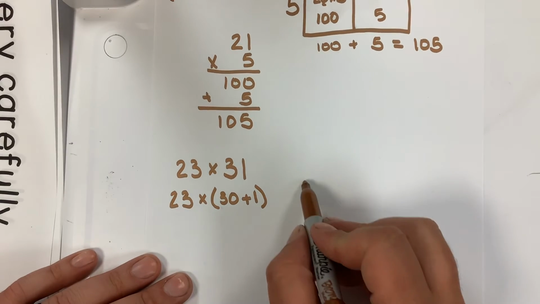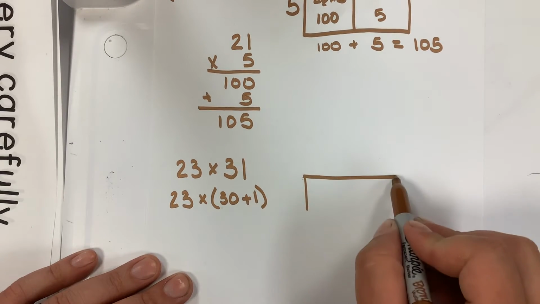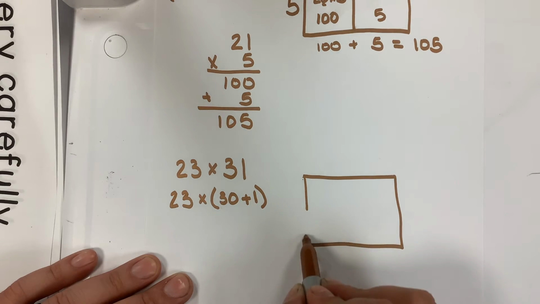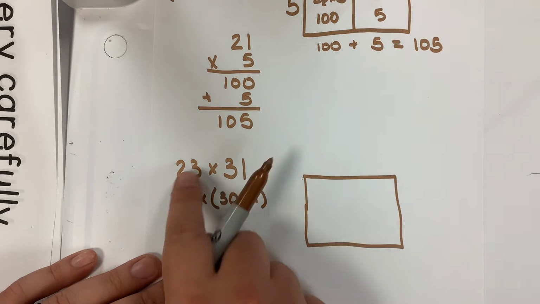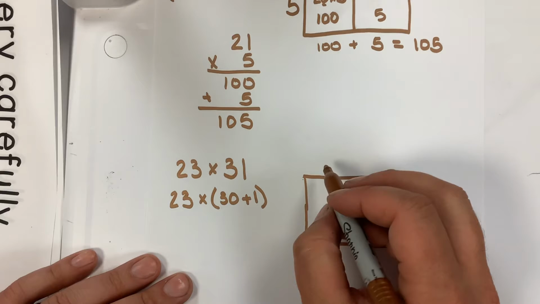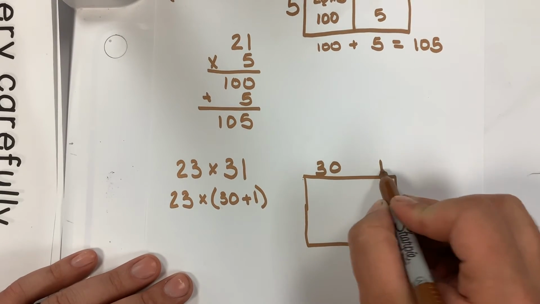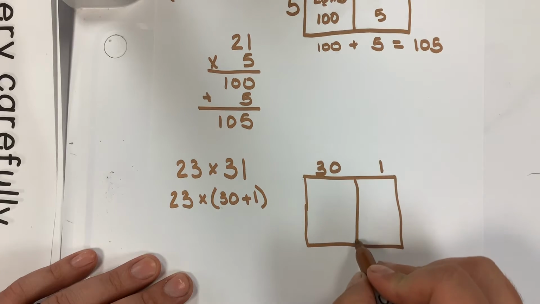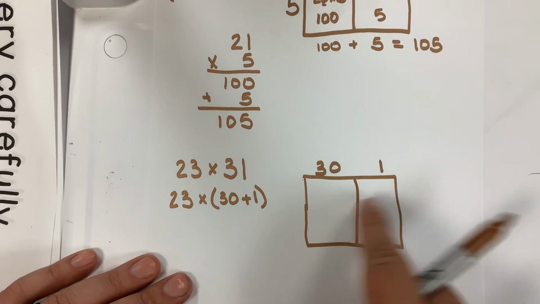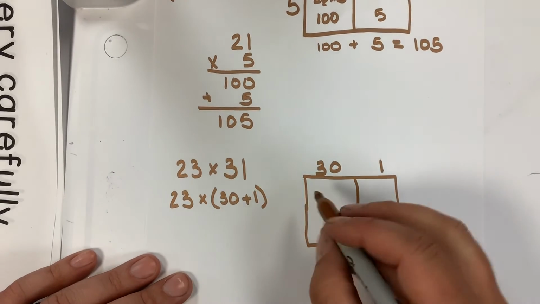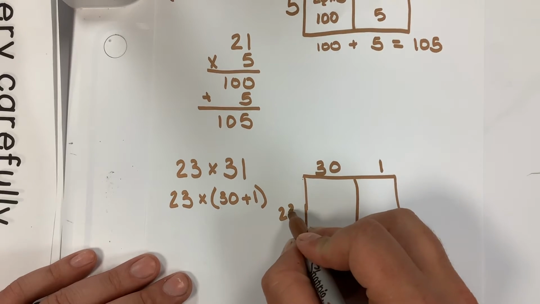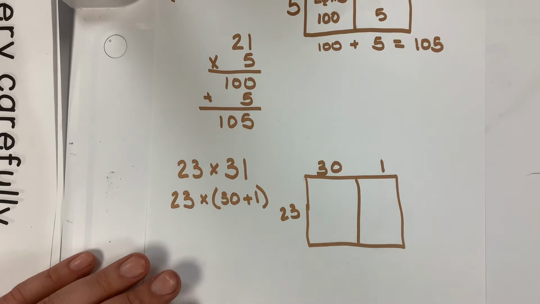I'm going to go ahead and make my box again. This one's a little bit more to it because I have a bigger number. So I have my 30 and my 1 for 31, and I split it down the middle because there's two place values, two numbers. And then on the side, I'm going to have 23.